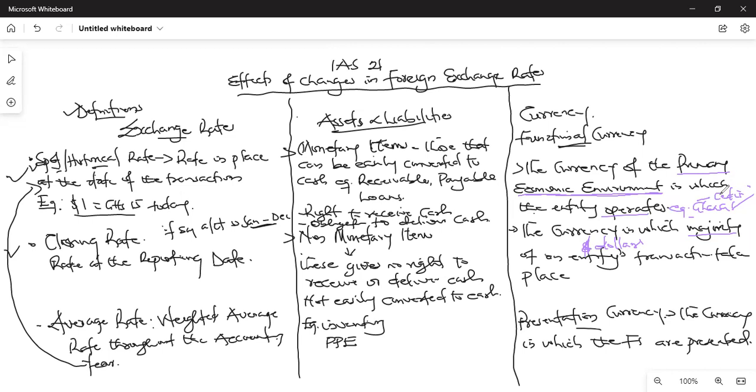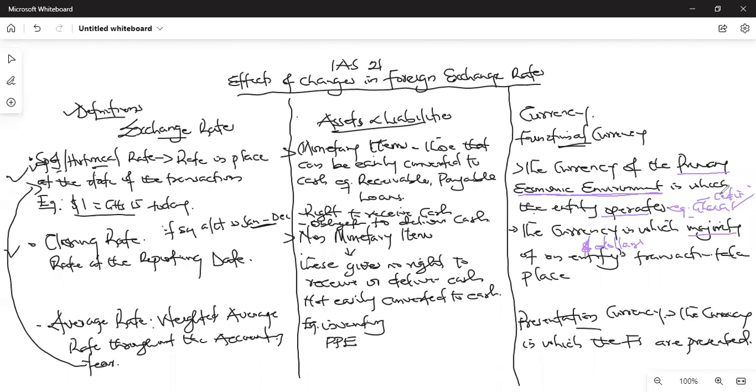So that is the question we need to ask ourselves. And that is where past questions have been examining students. It gives you these two scenarios, and you are asked to fish out which one is the functional currency. Okay, so that is that. And how are we going to distinguish between these situations?